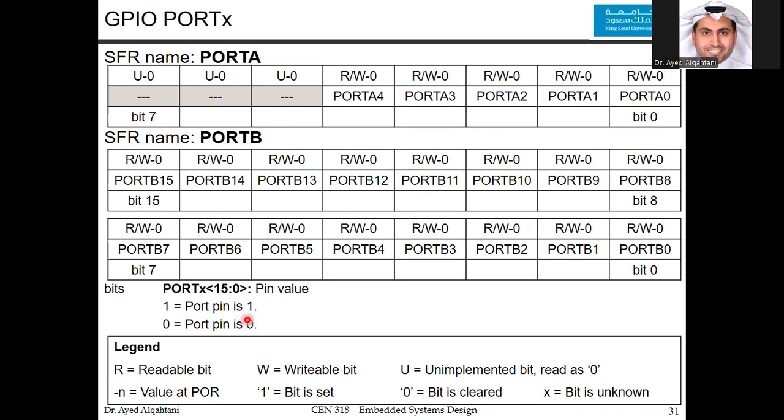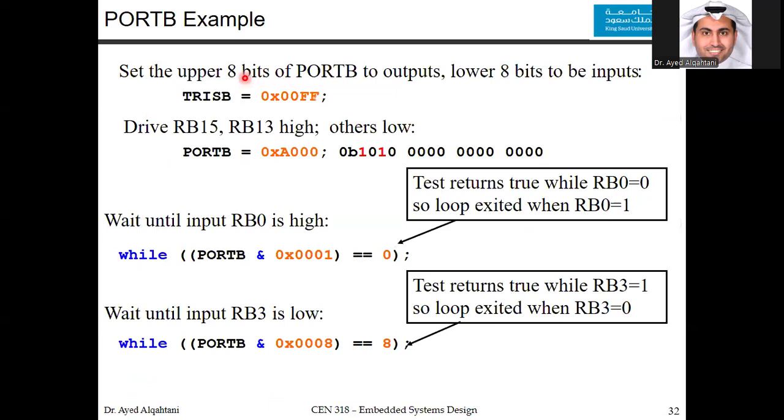But let's practice how to set port A and port B as input and output through some examples. So if you were asked to set only the upper 8 bits of port B to be outputs, and the lower 8 bits to be inputs, this way, we choose the lowest byte, or the least significant byte, to be FF, meaning that all the 8 values here are equal to 1, so they are inputs.